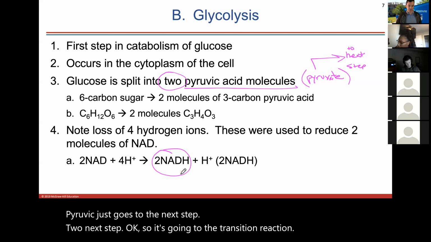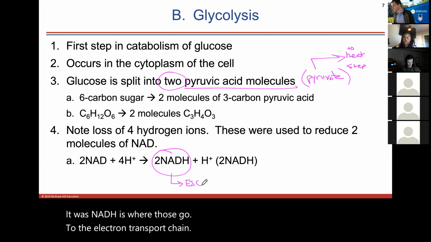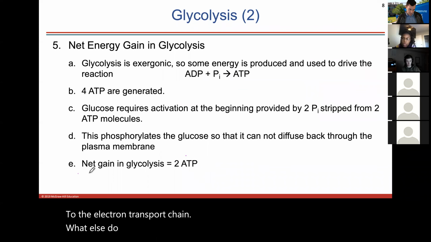Those NADHs, where do those go? To the electron transport chain. What else do I get? 2 net ATP.